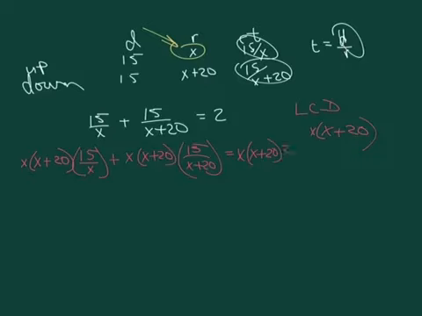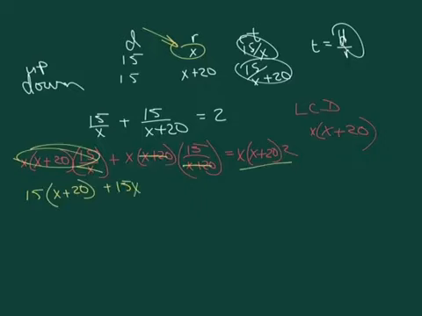So that x will go away. Those will cancel. And we didn't have any fraction there, so we're good there. So 15 times x plus 20 takes care of that. Plus 15x takes care of that. Equals 2x times x plus 20. Let's go ahead and distribute everything.